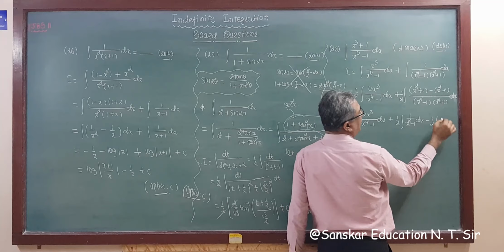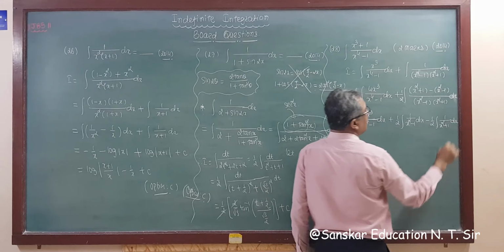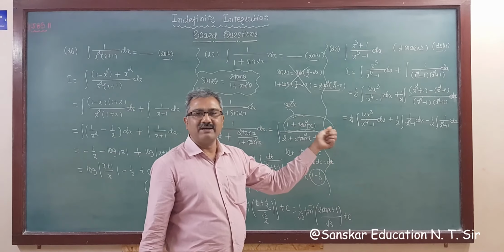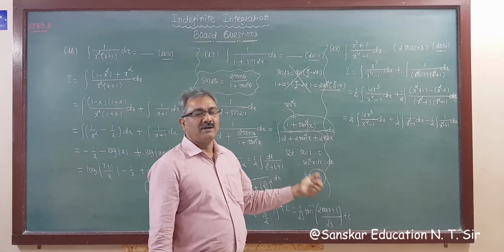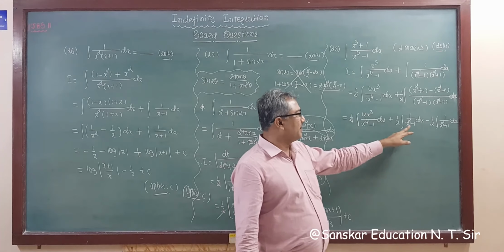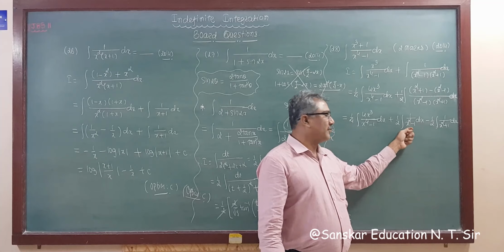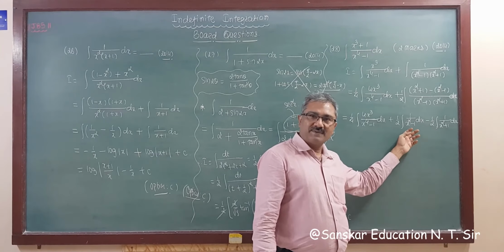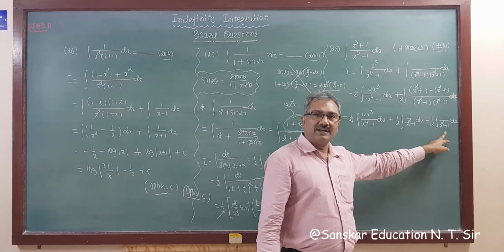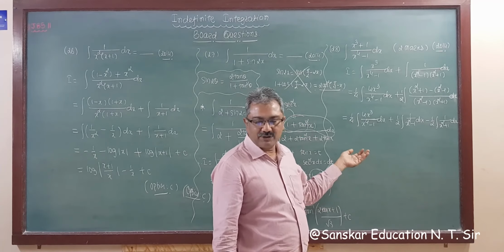This will be cut, so the remaining is 1 upon x square plus 1 dx. And these integrands are very well known and repeated integrals. Derivative is in the numerator; 1 upon x square minus a square formula; 1 upon x square plus a square. This is the formula for 1 upon twice a log mod x minus a upon x plus a. This is the tan inverse formula that you know, right? So write the answer and you will get your answer.